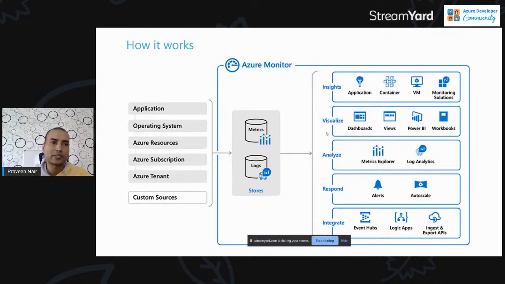After operating system, these are all sources, right? The sources of data for Azure Monitor. Then Azure resources come. It can be individual components as well from a resource manager perspective. Then the Azure subscription, and finally the Azure tenant.